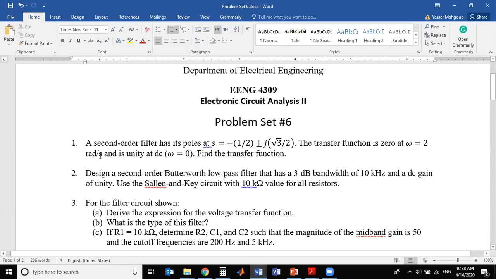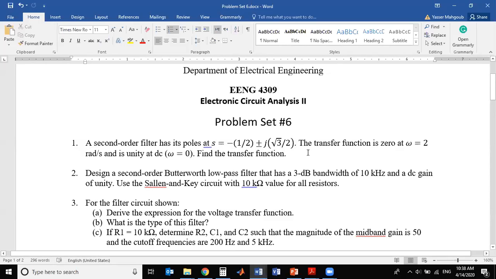The first one talks about a second order filter that has two poles at s equals -1/2 plus or minus j square root of 3/2. So we have two poles.